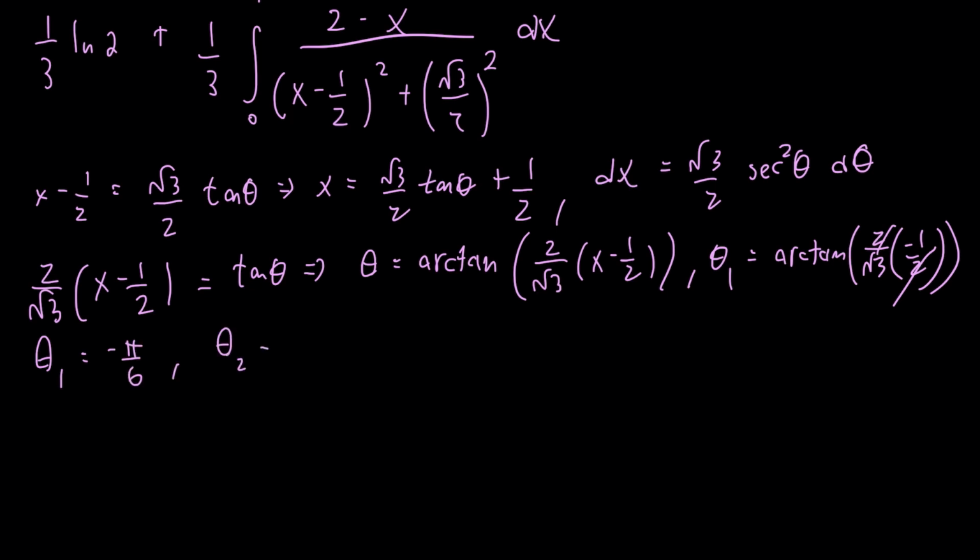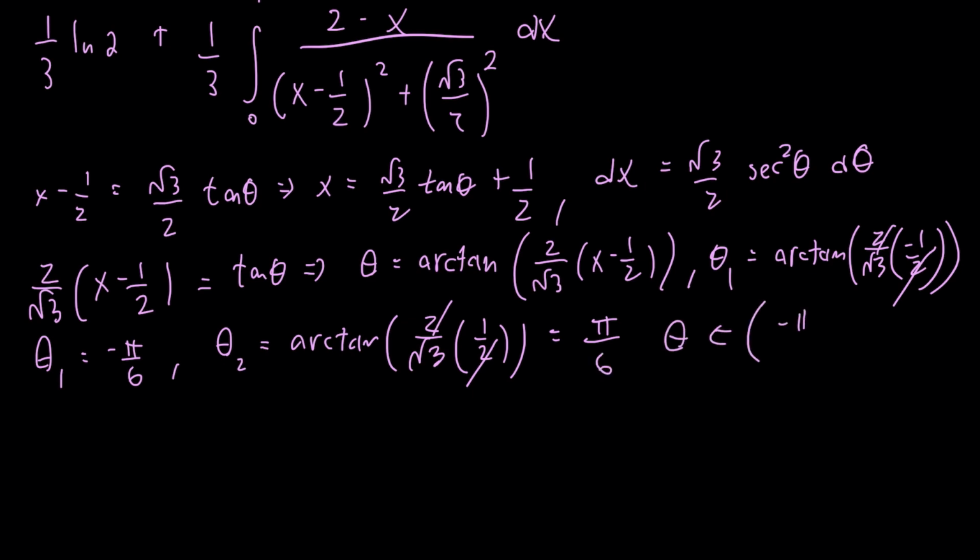And theta 2, plugging in 1, we have the arctangent of 2 over the square root of 3, and 1 minus a half is a half. So these are gone, and we have the arctangent of 1 divided by the square root of 3, that'll be pi/6. So our new bounds of integration are from -pi/6 to pi/6.